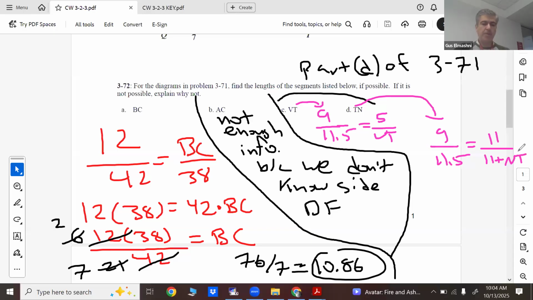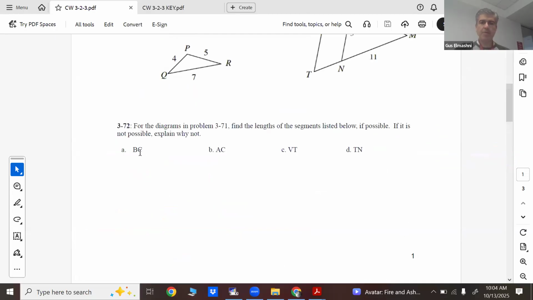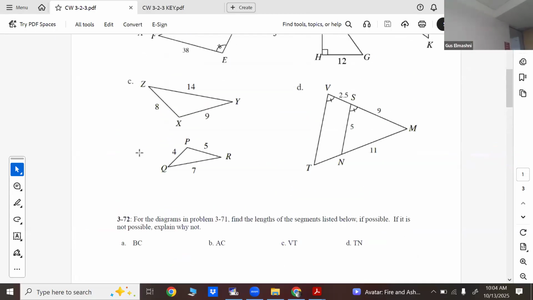So let me just clear the screen for a moment. I'll explain what's happening here. You're doing this over this equals this over this. 9 over 11.5 equals 5 over VT.